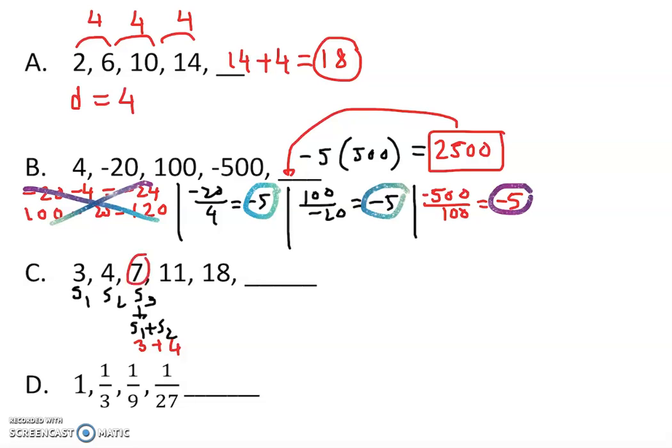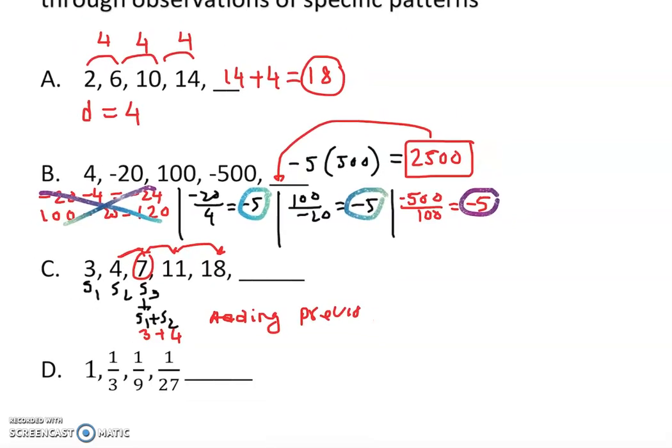And if you add these 2, it gives you 11. If you add 7 plus 11, it gives you 18. So every time you are adding the previous 2, the previous 2 gives you the next number.